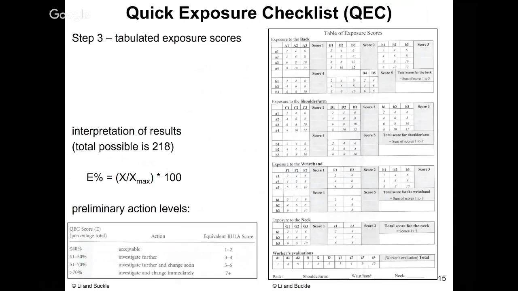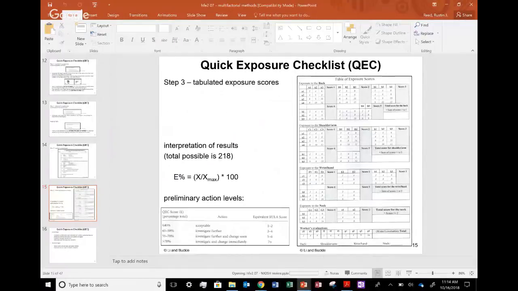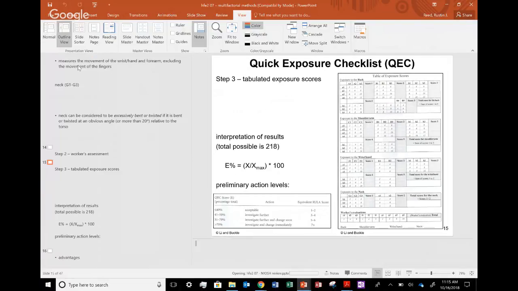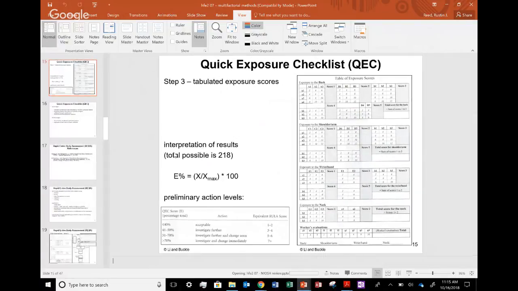Once you have all your scores, you come here and tabulate things up. Now, for me to draw, I do have to get out of that view. Let me see if I can minimize the notes and stuff. I might not be able to. I just want to get this bigger. No, that doesn't help.